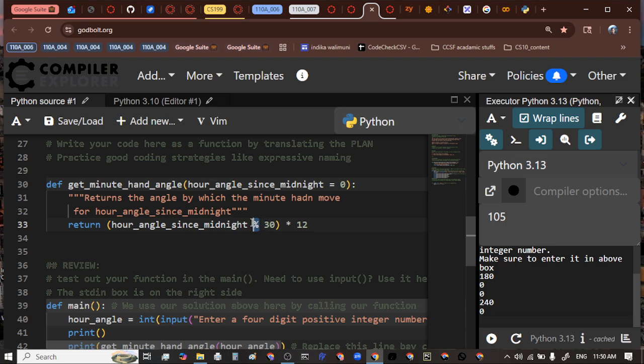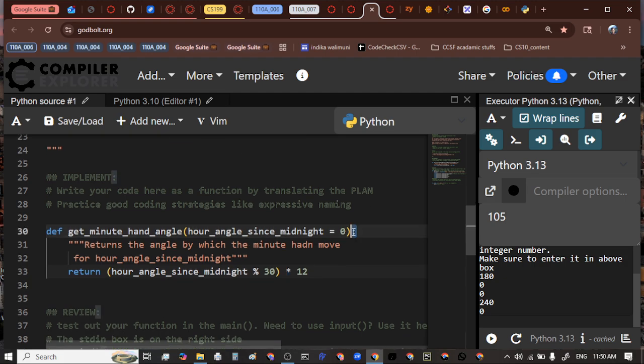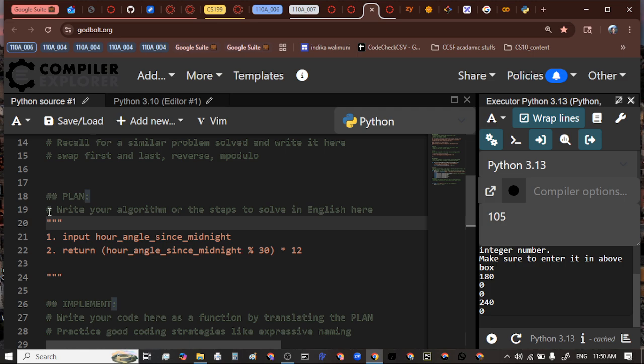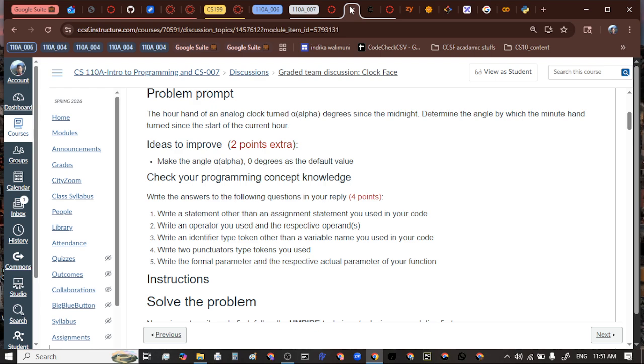This is not one, because this is an operator, not a punctuator. This is also an operator. If you take this colon, that is a punctuator. That's one. There are 3 over here, I think. This pound sign is a punctuator. And this triple quotes is also a punctuator. So there are 3. All right, so two punctuator type tokens you use.